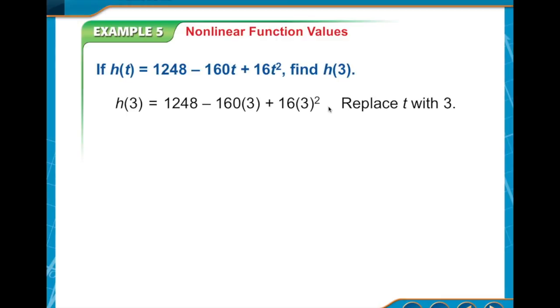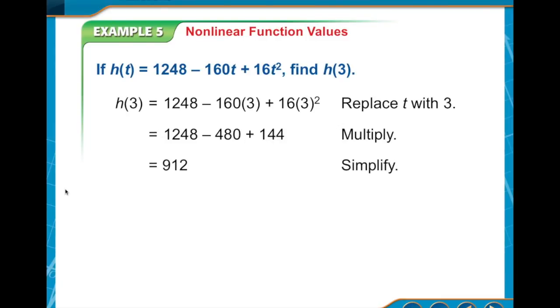And now we just need to simplify this on the right. 160 times 3 is 16 times 3, which is 48, and you add a 0. Here we have 3 squared, which is 9, and 9 times 16 is 144. Now in a calculator or in your head, you can simplify this. You would get 912. So the value of our function h at time 3 is 912.